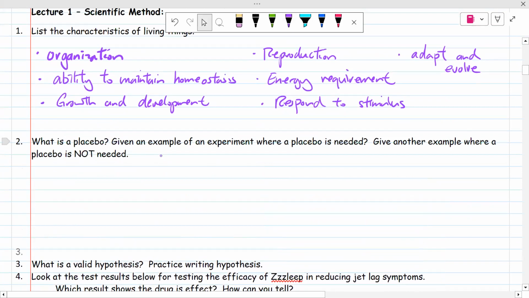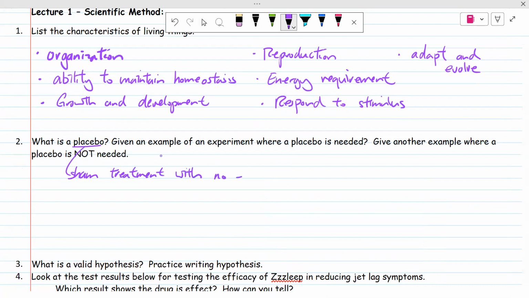Next, what is a placebo? Placebo is a sham treatment with no effects on the dependent variable.